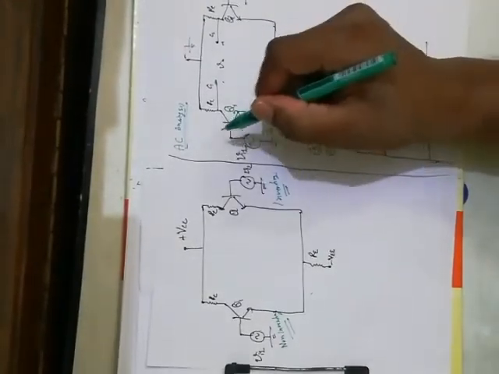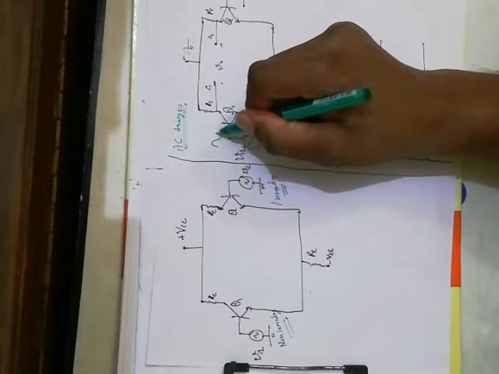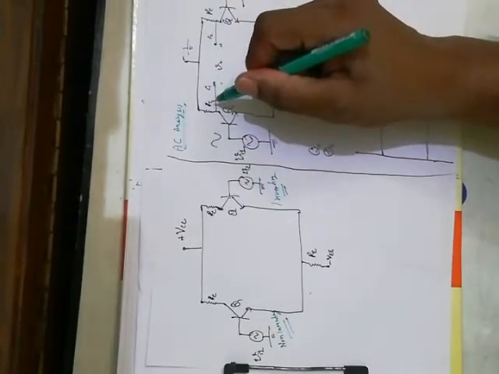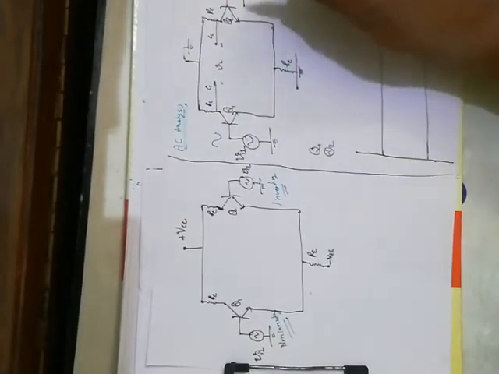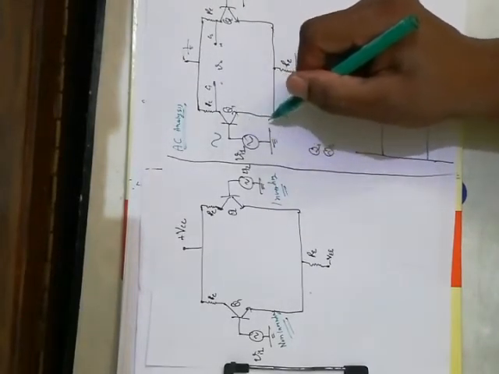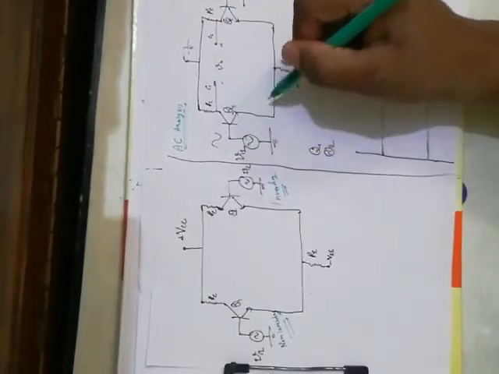So if I provide the input like this for this source, because by the DC analysis I have already chosen the value of RC and RE, and now I am using the superposition theorem and I am grounding this source, and I just wanted to see the effect of this signal on the circuit.